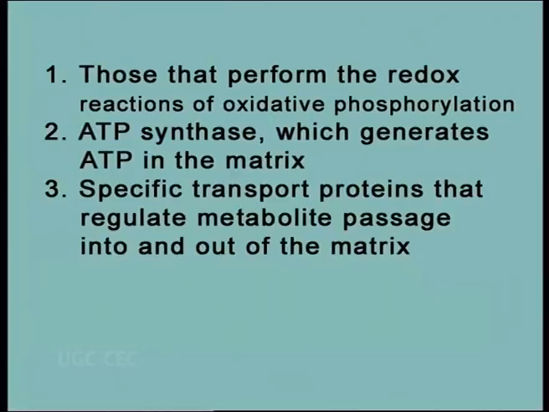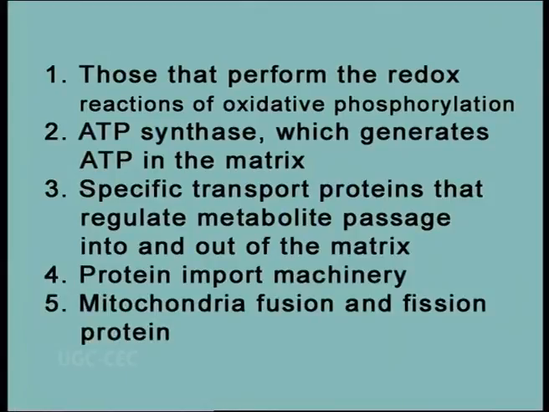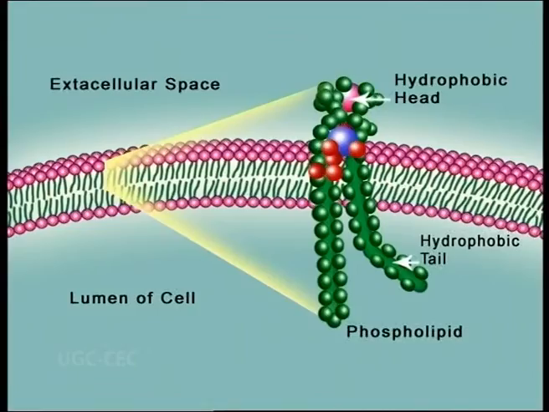Third, specific transport proteins that regulate metabolite passage into and out of the matrix. Fourth, the protein import machinery. Fifth, mitochondrial fusion and fission proteins. The inner membrane is home to around 1/5 of the total proteins in the mitochondria.